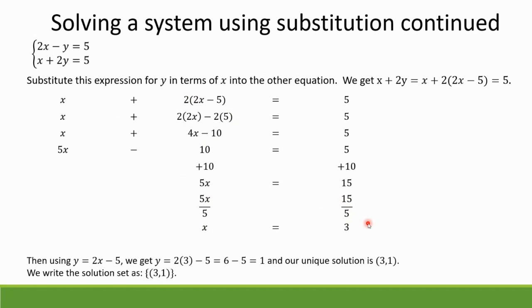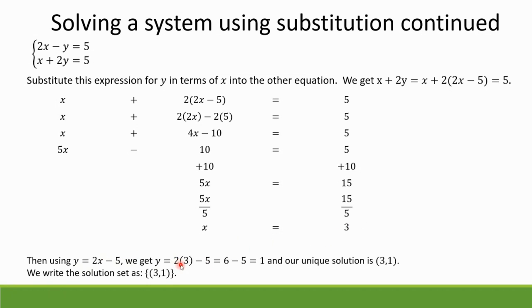Yahoo, we're done, right? Well, almost. We know what x is, but what's y? We have to get that, right? So we know x is 3. y we have is 2 times x minus 5, which is 2 times 3 minus 5, right? We know what y is in terms of x. Well, let's replace x with what we got.